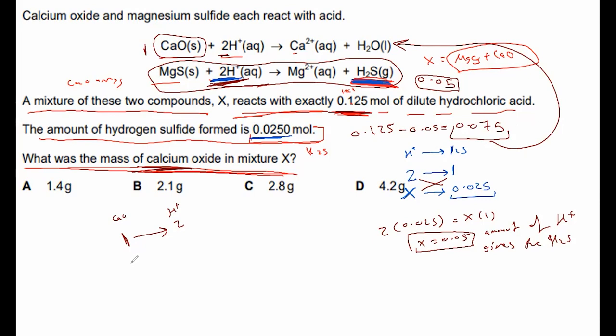We have X of CaO that would react with 0.075 of the acid. So what will happen here is a cross multiplication. 2 times X equals 0.075 times 1. So X will be 0.075 over 2, let me use my calculator.